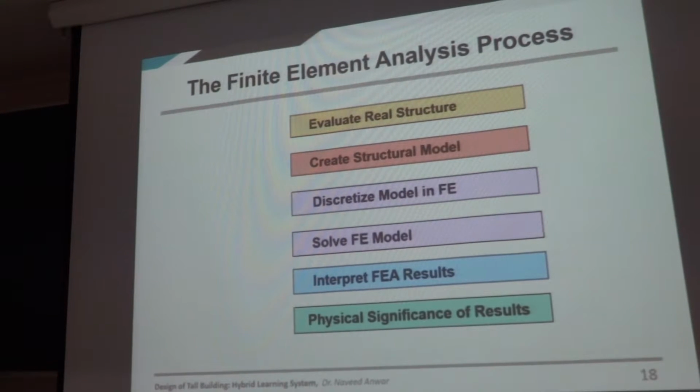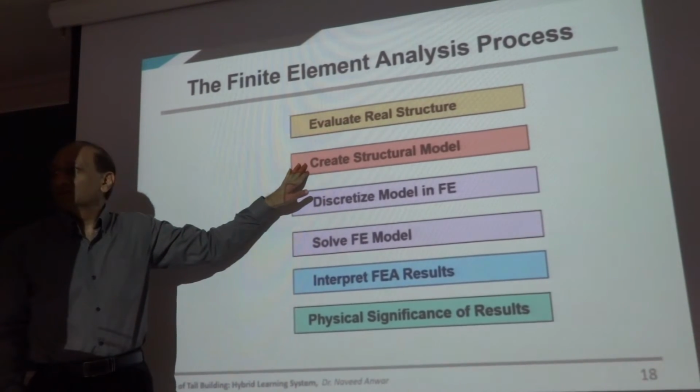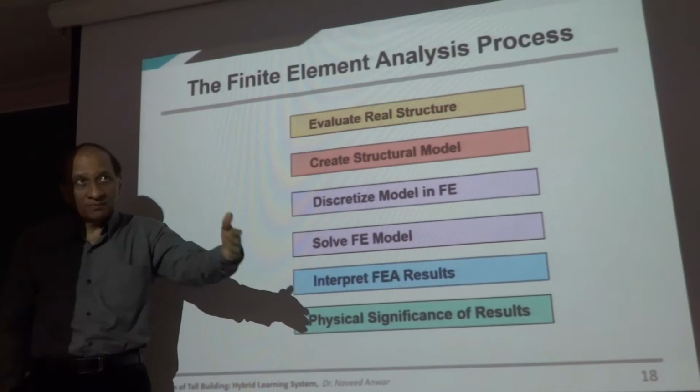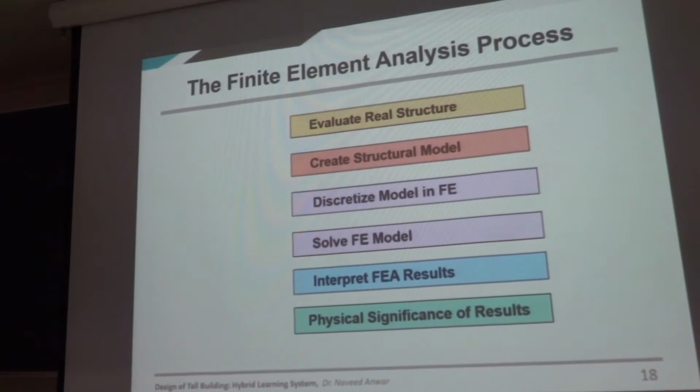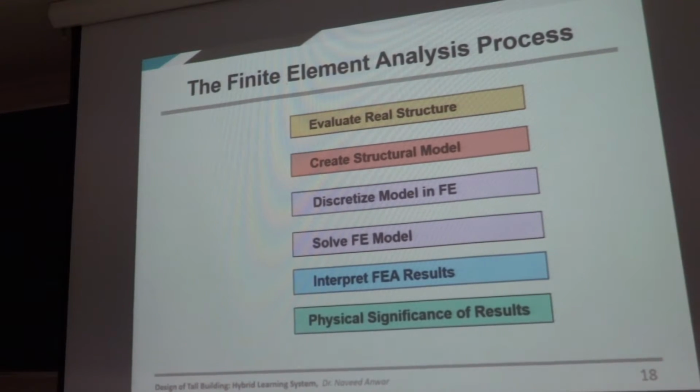Lighting, the load of this projector, board, door, clock, everything is here, right? So you have to decide, okay, this is a real structure, but I'm going to remove all of this. My structural model will not have these things, but you should know why not. For example, partition walls, are you going to have them or not? Windows, are you going to have them or not? If not, why not? And if yes, why? So those are the critical decisions.